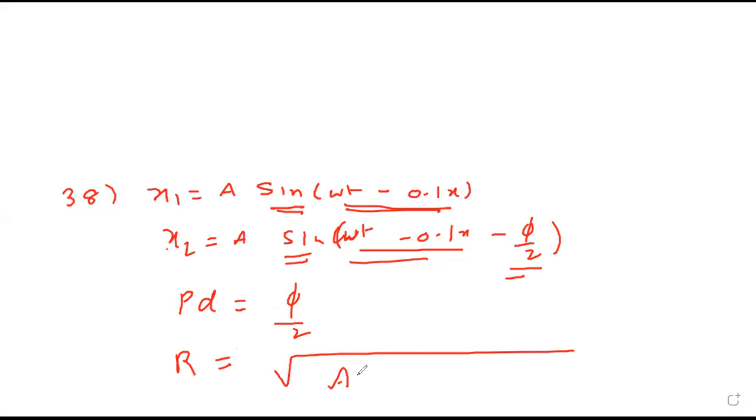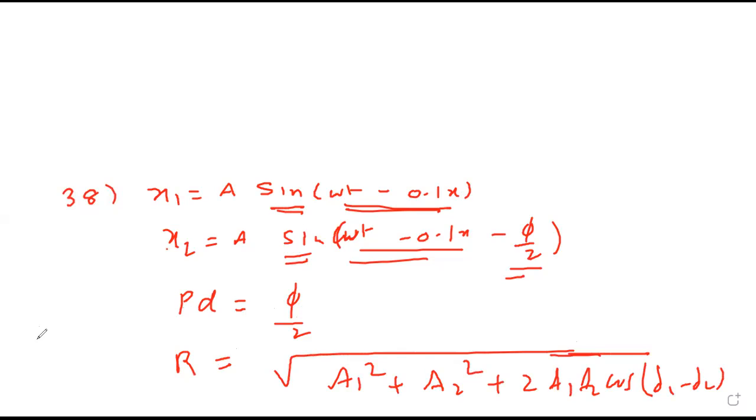Do you know the formula of resultant amplitude? Root of A1 square plus A2 square plus 2 A1 A2 cos of phase difference, delta 1 minus delta 2. So this is root of A square plus A square plus 2AA cos of 5 by 2.